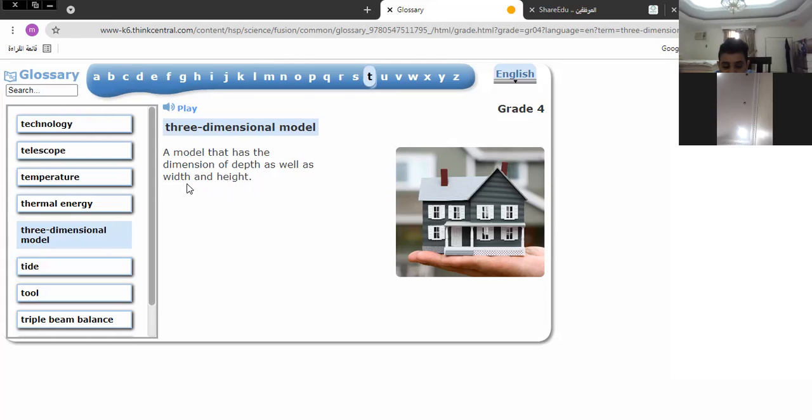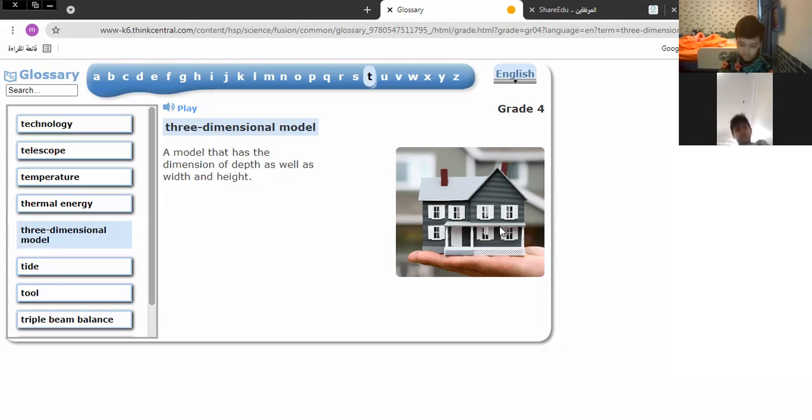So the three words here are the same if you say length, width, and height. Look at this model of a house. We can say this is the length of the house. Look at this one. This is the length of the house down here. Also from this side we have width, and this is the height of the house. Okay, this is height, this is length, this is width.